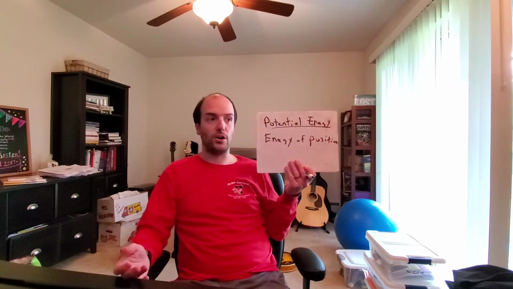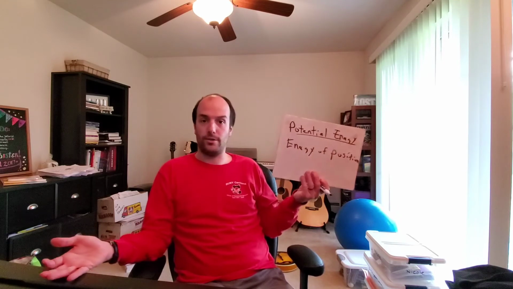Now, potential energy is the energy of position. The energy of position. So where is an object based on some standard, some initial spot? Okay. Now, with potential energy, we are going to be looking at two different kinds of potential energy.